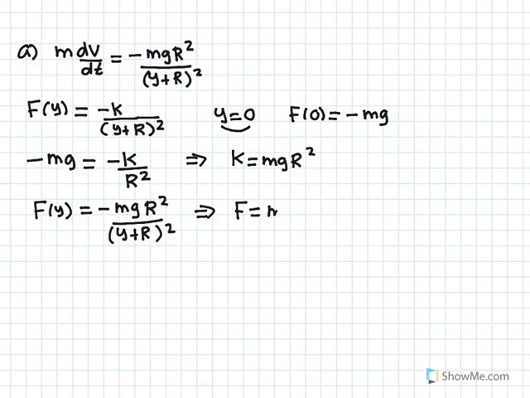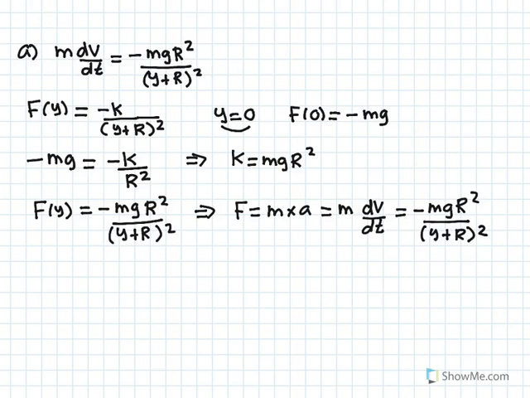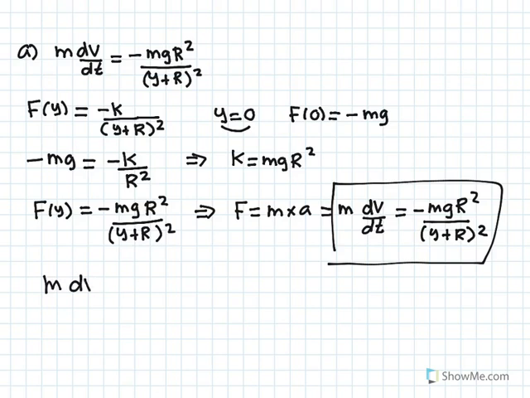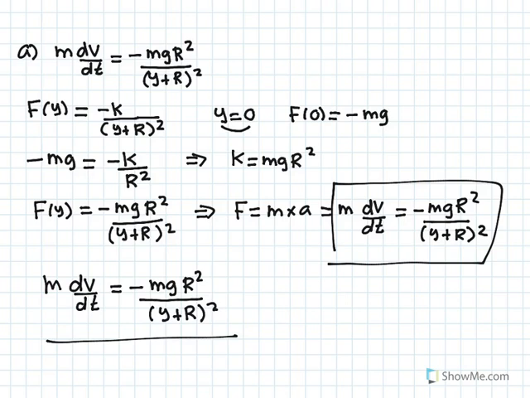And this is equal to mass times dv/dt, since acceleration is the rate of change of velocity with respect to time. So m dv/dt is equal to -mgR^2/(y+R)^2, which was the result we were trying to prove. Part A of the question is done.